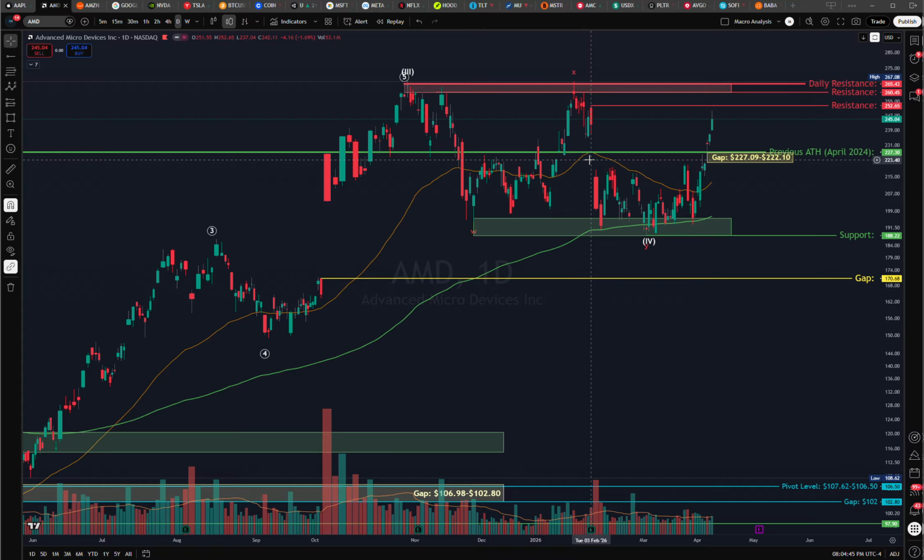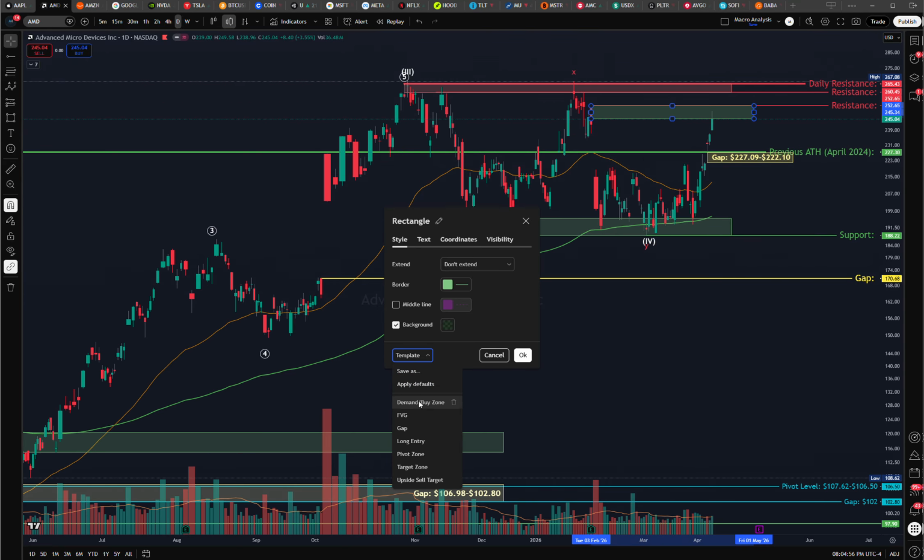So going into this week, I will be looking at this resistance level here on AMD, because AMD has this resistance level right over here. I would be looking at this resistance level to see any sort of pullback.